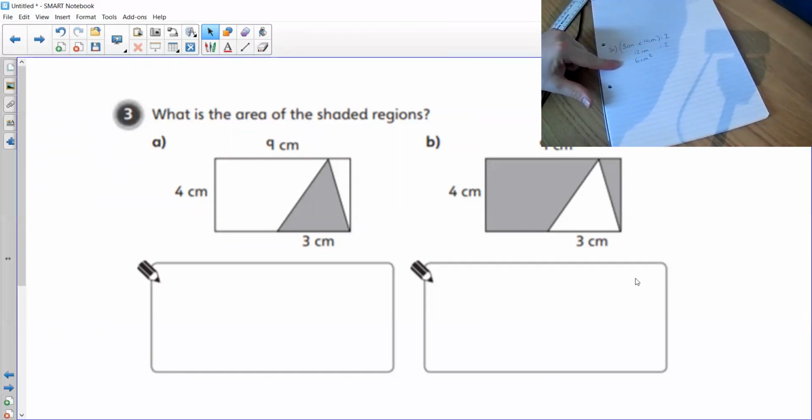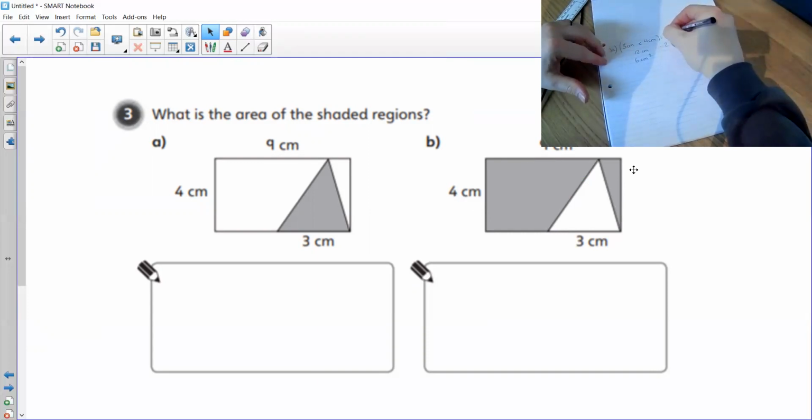Well, let's have a look at the bottom of the next one. If you notice, it's exactly the same shape, except this time it's the opposite. So do I know the whole? Can I work out the whole? Yes, because look, here is the length of the whole rectangle. Don't get mixed up with this 3 centimeters. That was just the triangle. So look at this bit here.